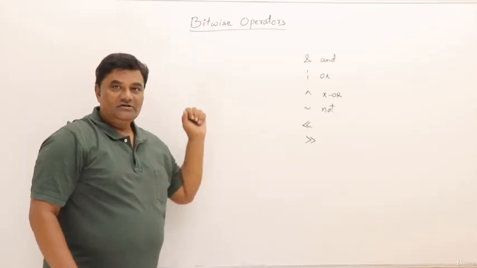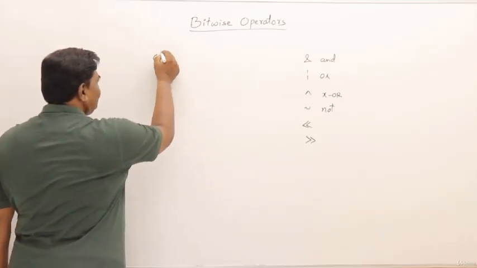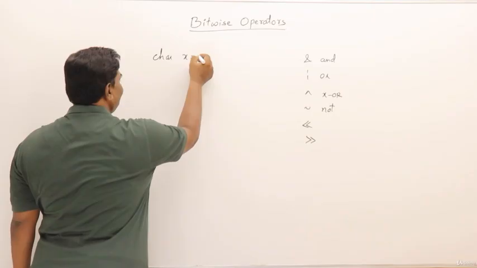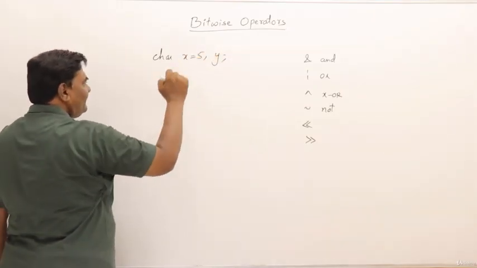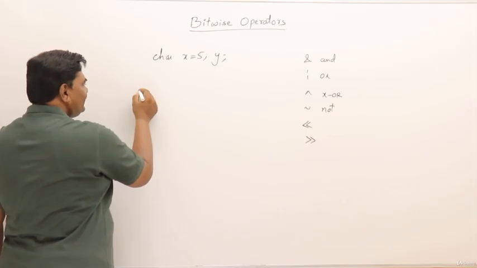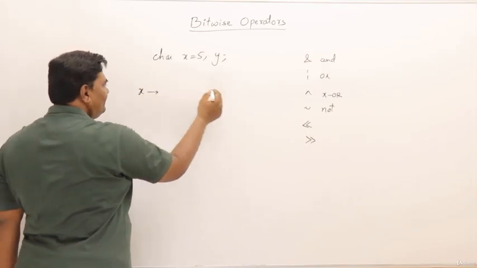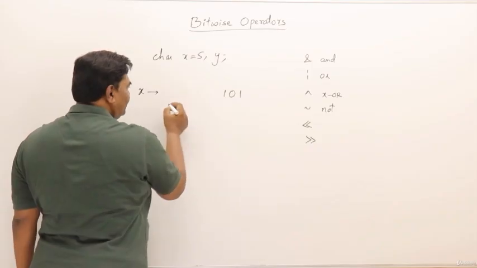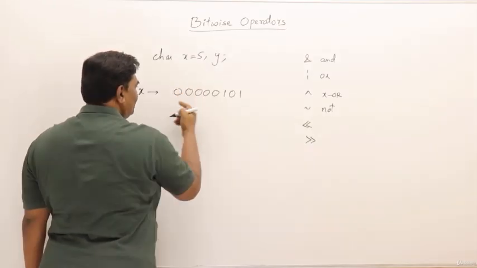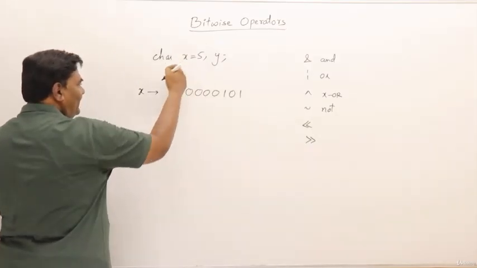Let us look at NOT. I will take a character type variable x with value 5 and also one variable y. Character takes just 1 byte in C++. So this x in the binary form, it will be 5 is 101 and the remaining all bits are zeros. So this is the binary form of 5.